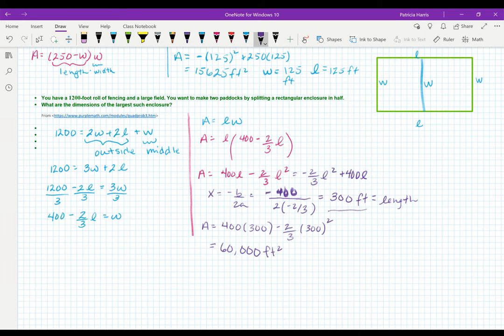So I have a 300-foot length, a 60,000 square foot area, and so my width would be 400 minus 2/3 L. L is 300. So 200.